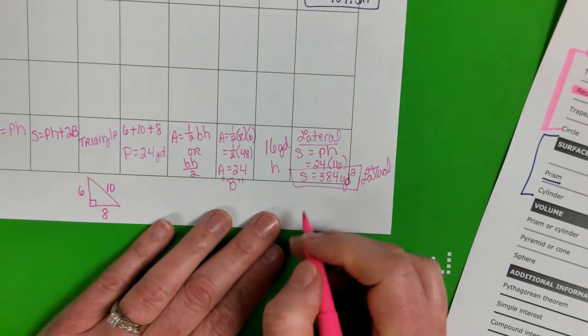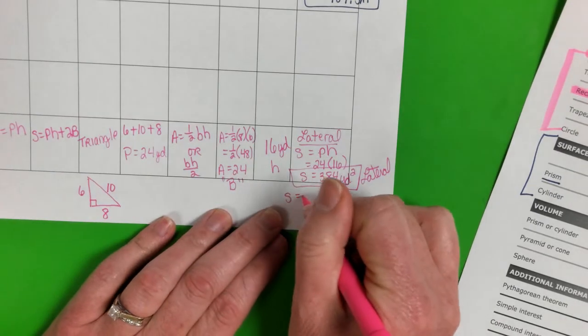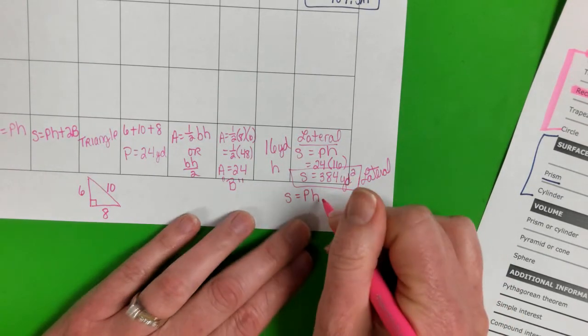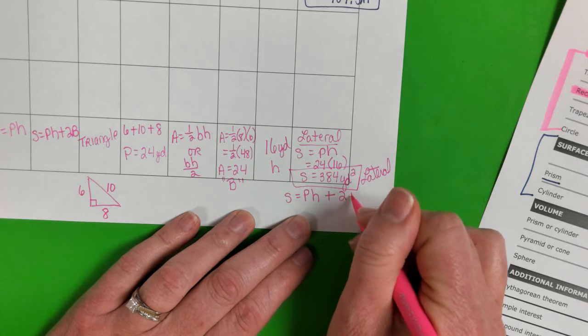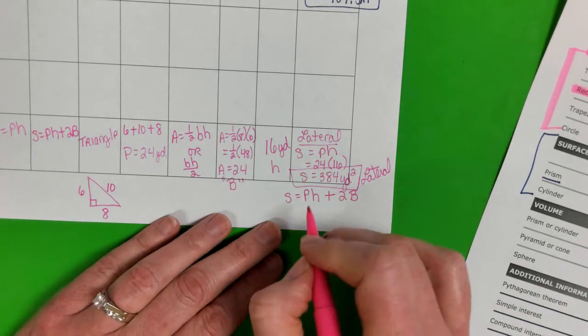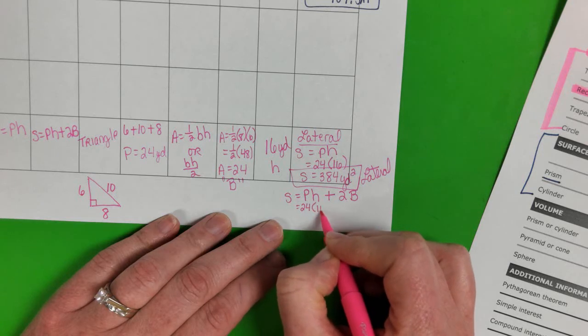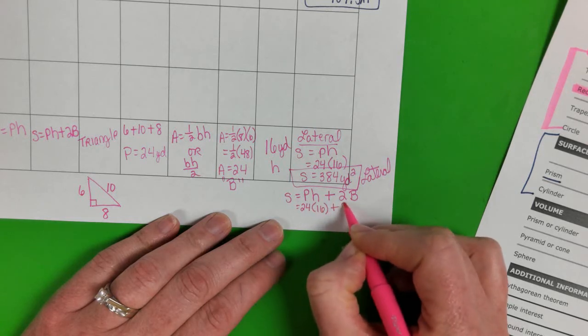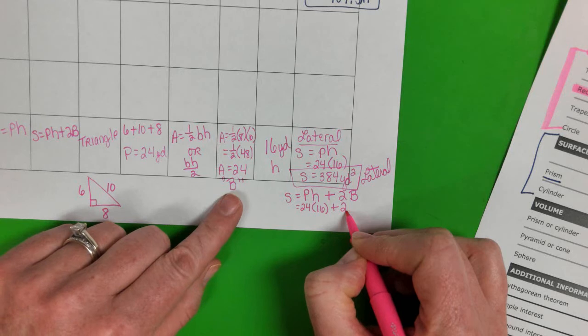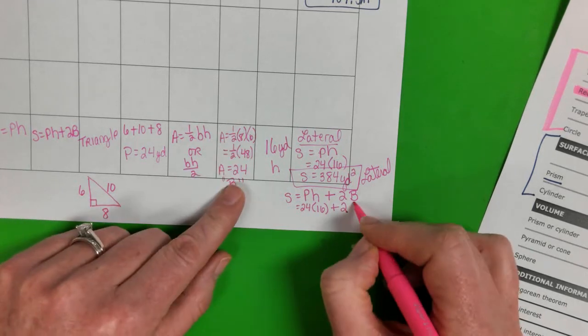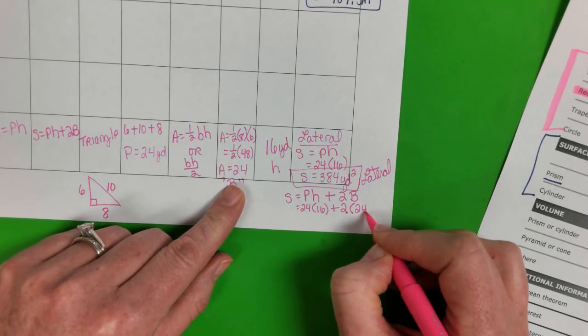Okay? And then for total surface area, we're just going to do the pH again, plus 2 times the area of the base. So just so you can see our numbers, the perimeter was 24, the height is 16, plus 2, and we found the area of our base to be 24.